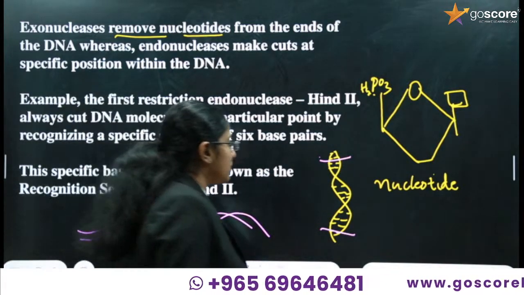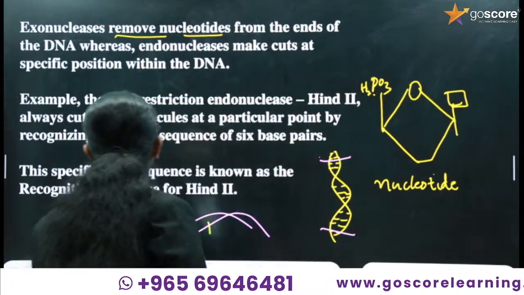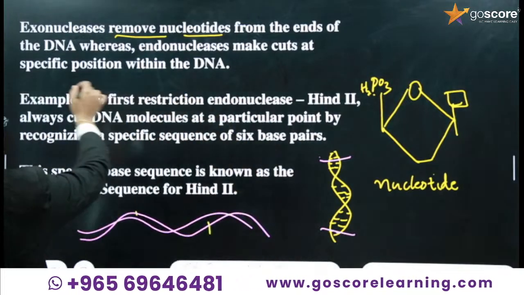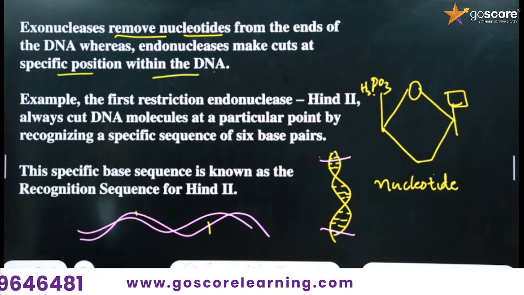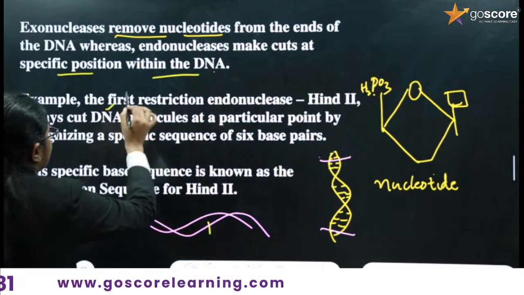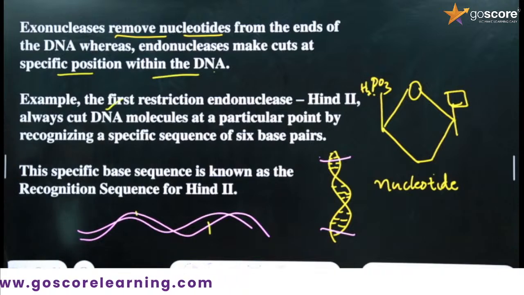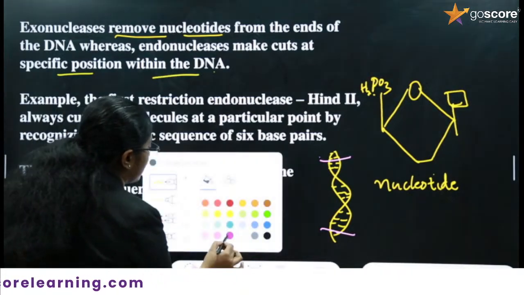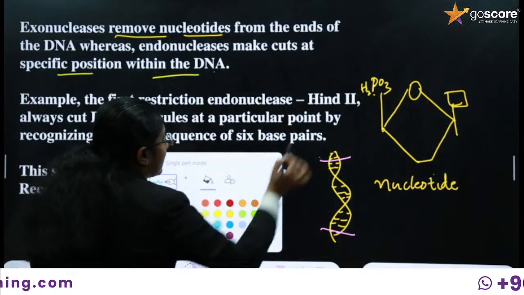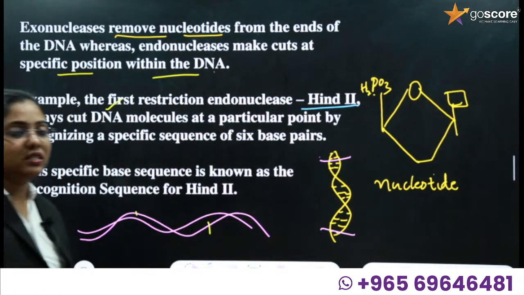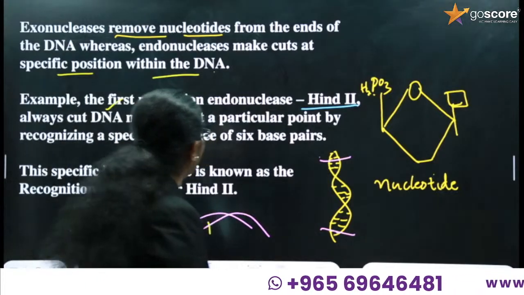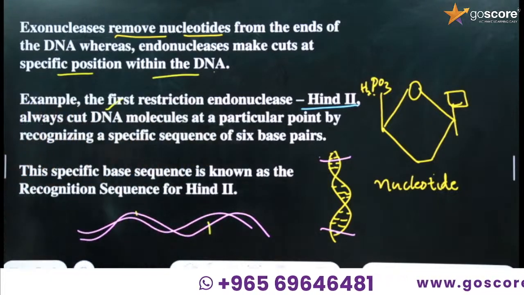Let's see what sticky ends are. Also, endonuclease makes cuts at specific positions within the DNA. For example, the first restriction endonuclease. What is the first restriction endonuclease known as? The first isolated endonuclease is HindII.